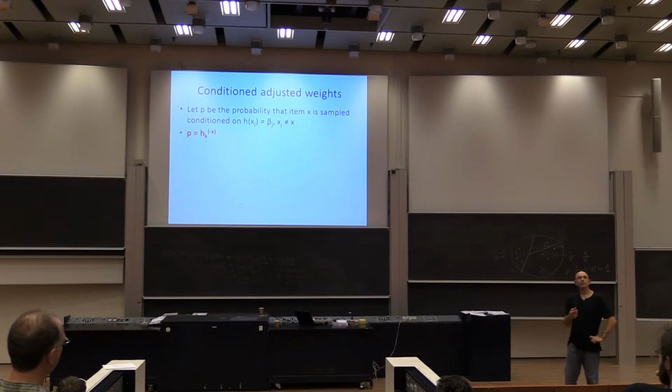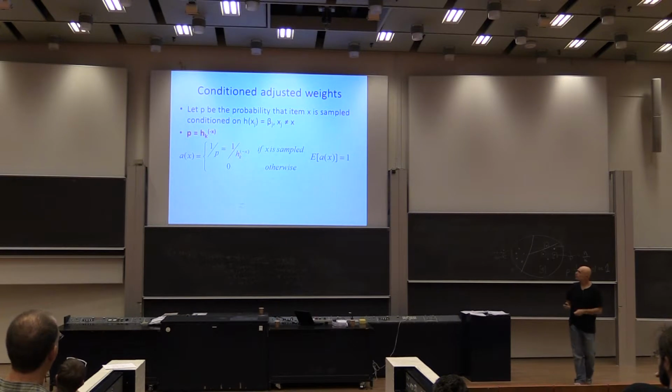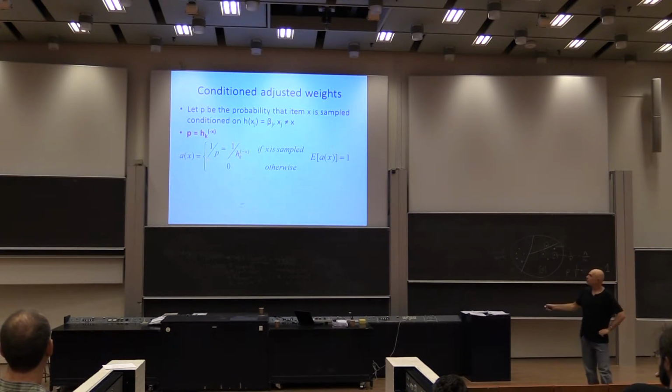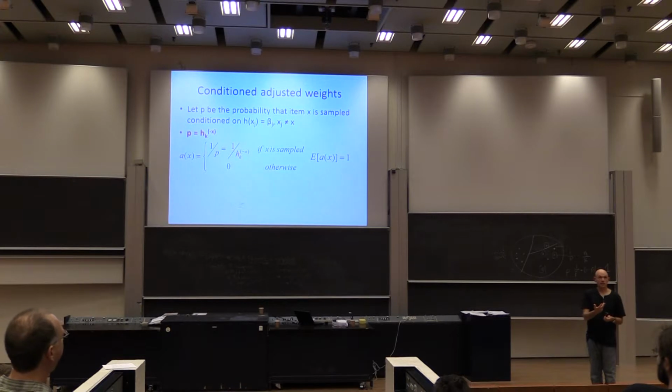So now I can give an adjusted weight to X, conditioned on being in this subset. So remember, what is the adjusted weight? The adjusted weight is going to be, if X is not in the sample, it's going to be 0. And if X is in the sample, I want it to be 1 over P, where P is the probability of me being in the sample.